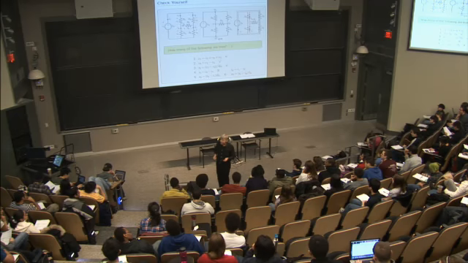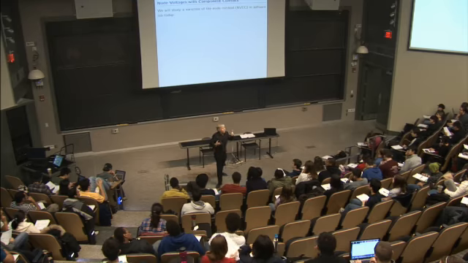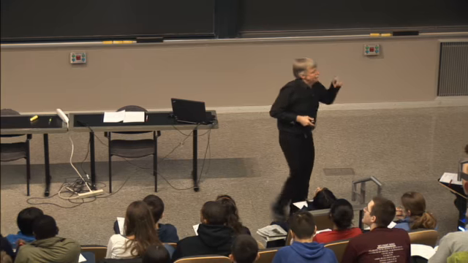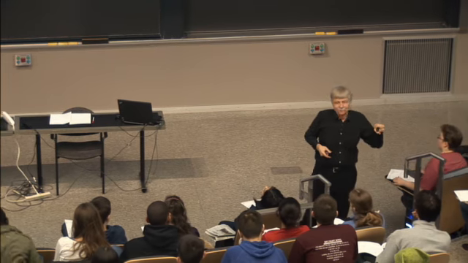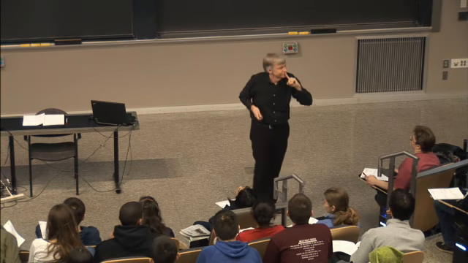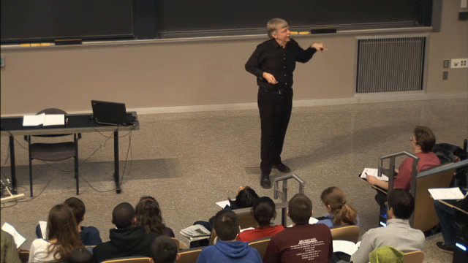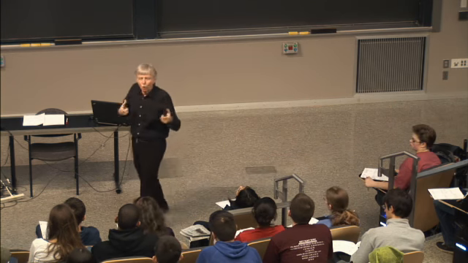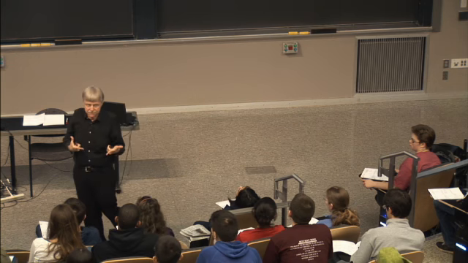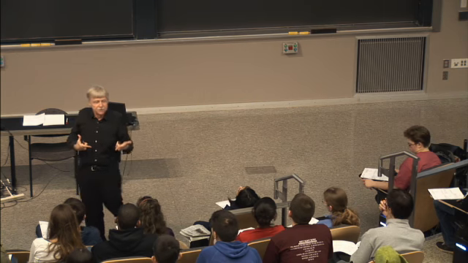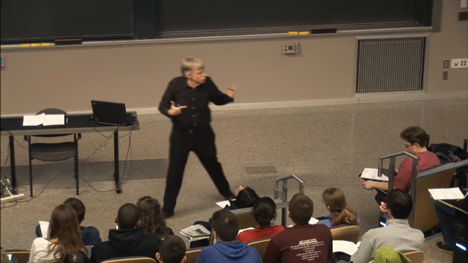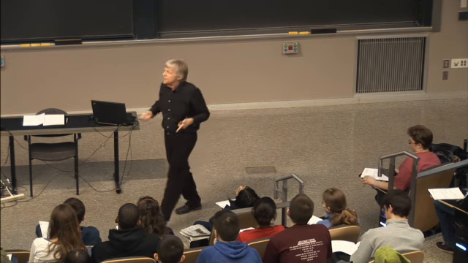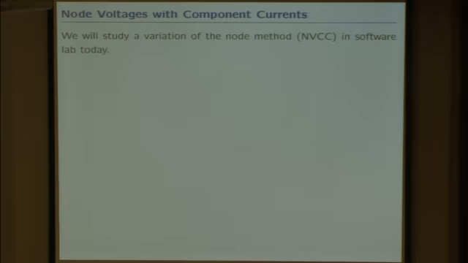And the reason for talking about them is that when we think about writing a program to solve circuits automatically, which, by the way, will be the exercise in Software Lab this week, it is yet a different kind of challenge. What's the easiest system to automate? The system that is easiest for you may or may not be the easiest system to automate. So that's the point of this week's Software Lab.